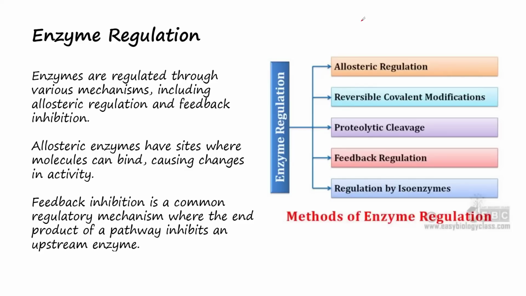The end product, which is pyruvate, can come back and inhibit the first enzyme, and that is what we call feedback regulation. And then regulation by isoenzymes. You can decide to regulate a pathway by using an isoenzyme of a particular pathway.